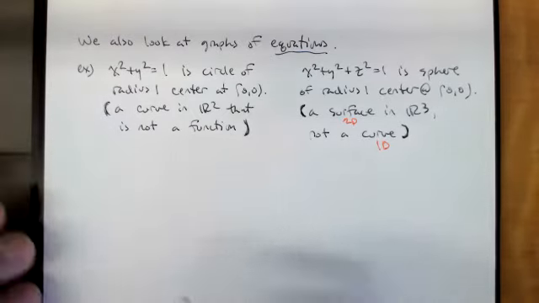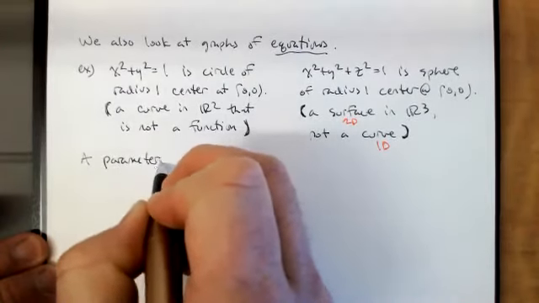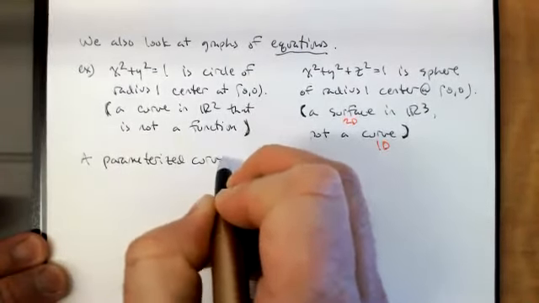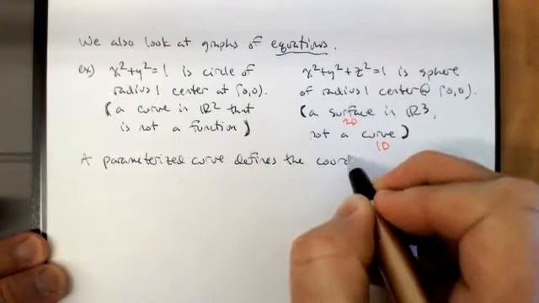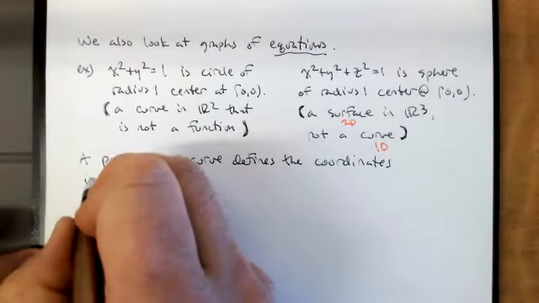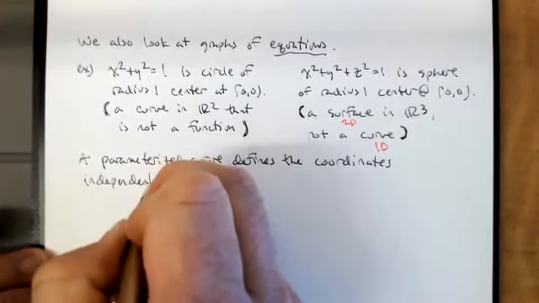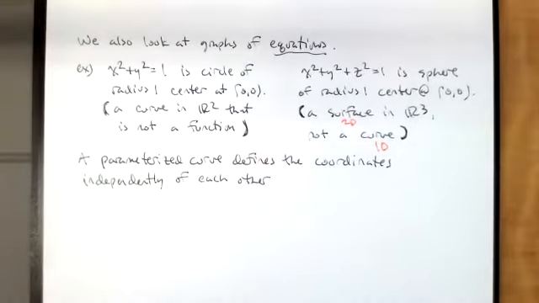A parameterized curve is going to define the coordinates independently of each other and instead write them as functions of some parameter.